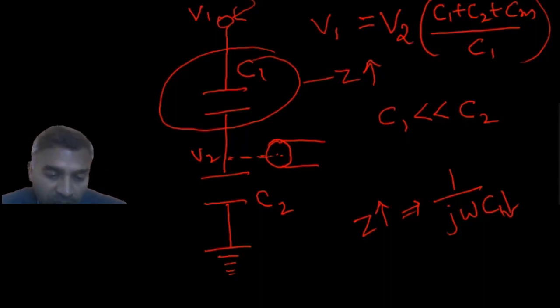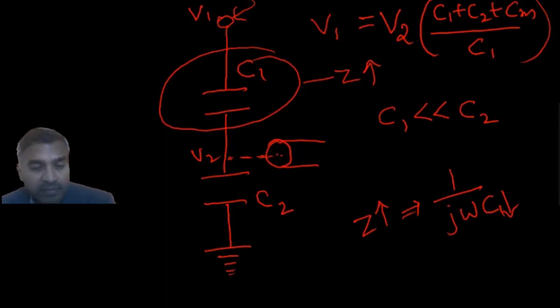Yes, sir. Area should be less for C1. So D should be more, which means its height should be more. Okay. So compared to capacitance C2, C1 will be huge in size.